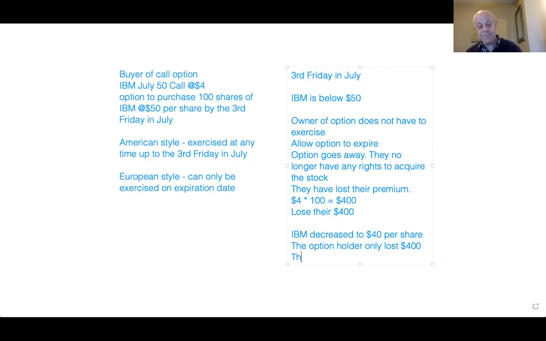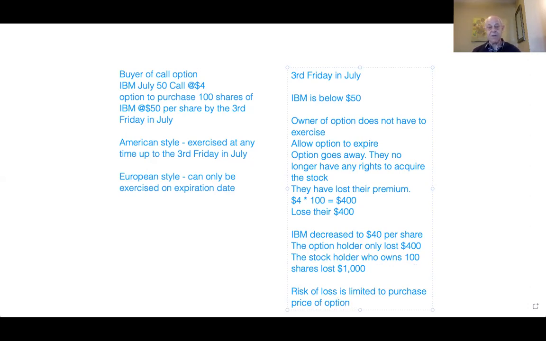The stockholder who owns 100 shares lost $1,000. So it's nice. One of the pros of an option is your risk of loss is limited to the purchase price of the option.